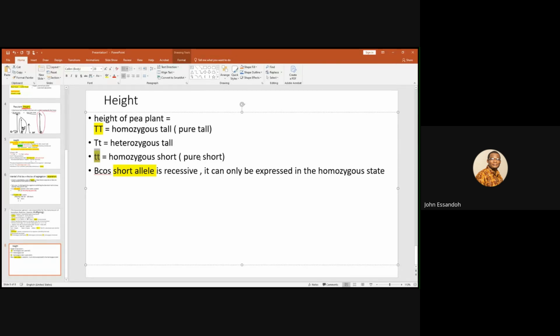So for short, I don't even have to use the word pure. If you are short, you are short.